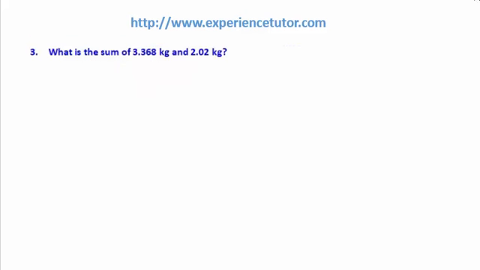In the next question, we have to find the sum of 3.368 kg and 2.2 kg. So first, what we will do, we will write it as 3.368 and 2.2.